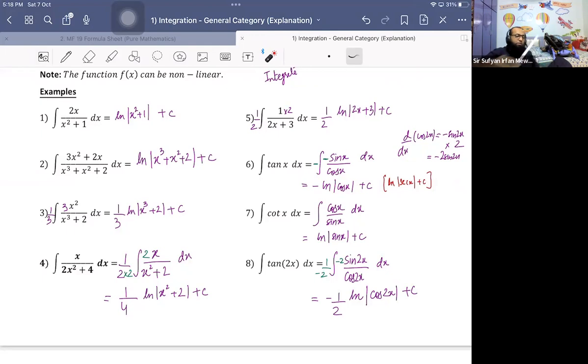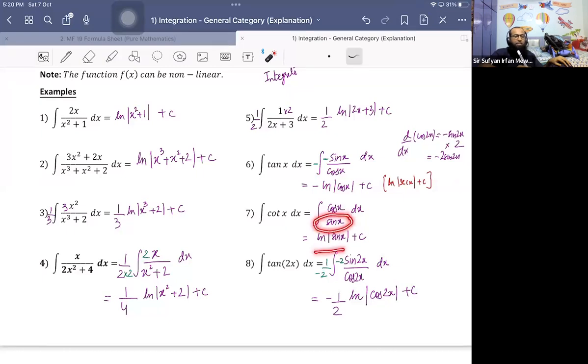I've left example number 7, which is simpler, because cot x is cos over sine, and in the denominator we have sin x, and the differentiation of sin x is cos x. Sin x की तो differentiation ही positive cos x होती है, negative का चक्कर ही नहीं है. That is exactly present in the numerator, so we have to take ln with the denominator.